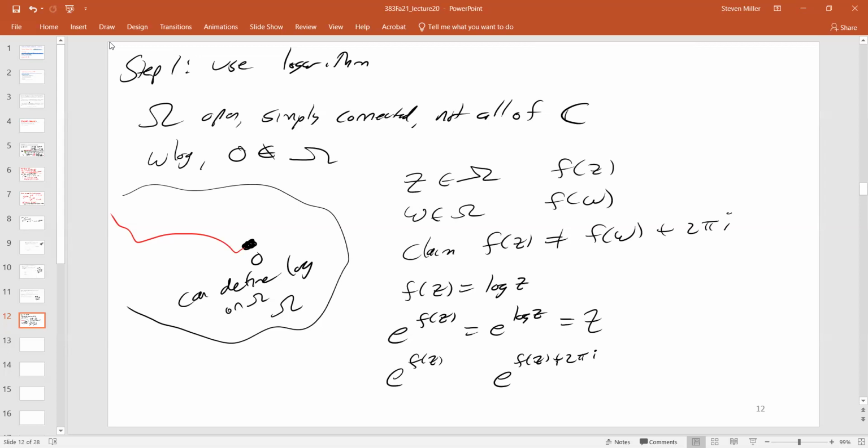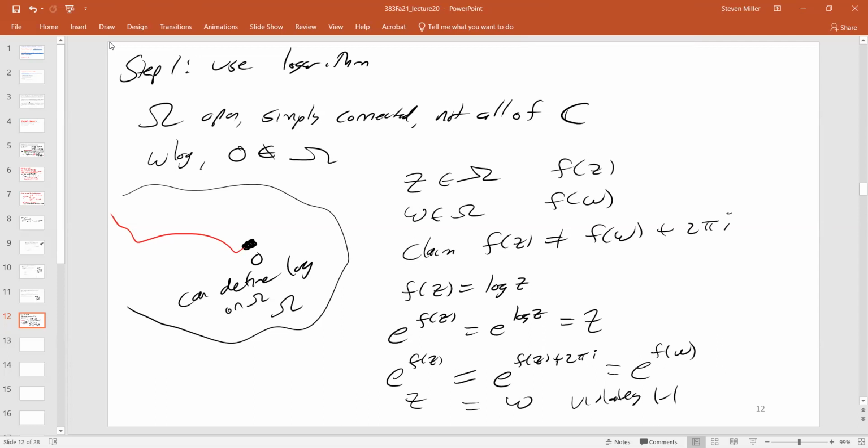They're the same. But e to the f of z is just z, right? And over here, if this was e to the, say, f of w, you would get w. And what would this violate? So it violates 1-to-1.